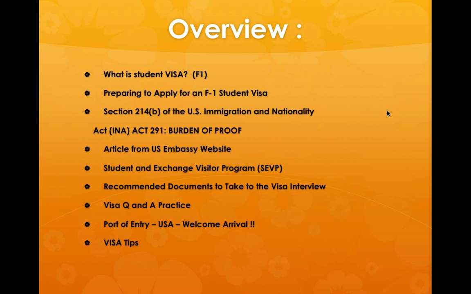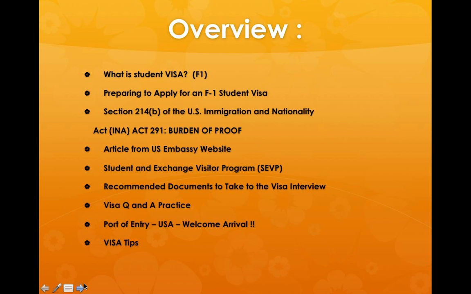If you have been rejected recently with your visa, you might know what 214B is. An article from the US Embassy website, the Student and Exchange Visitor Program, which is called SEVP, and recommended documents to take to the visa interview, visa question and answer practice, the port of entry USA, the welcome arrival, which everyone would like to go with, and the visa tips.